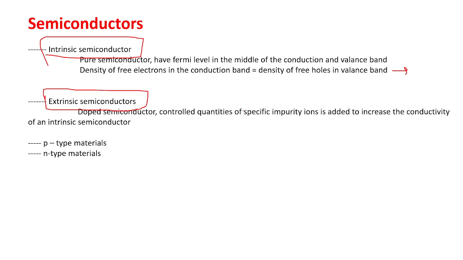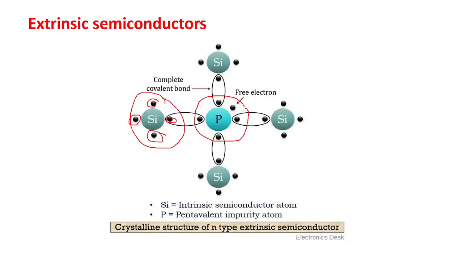If you use a group 5 element from the periodic table, we can manufacture n-type materials. If we use group 3 materials like boron, we get p-type materials. In the p-type material we will have extra holes, and in the n-type material we will have extra electrons.